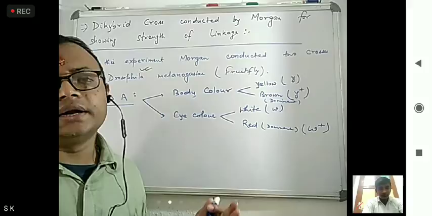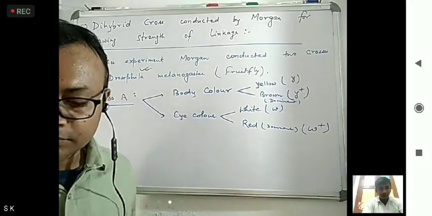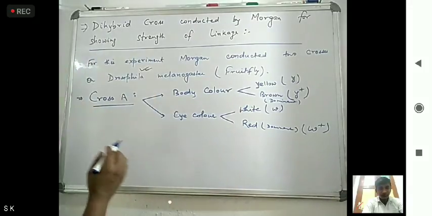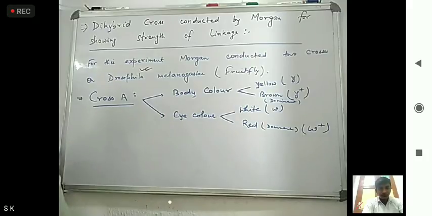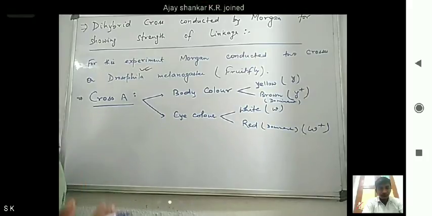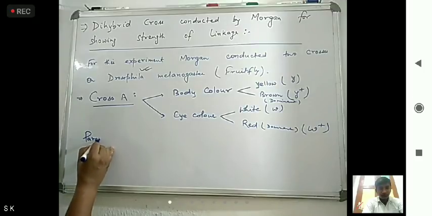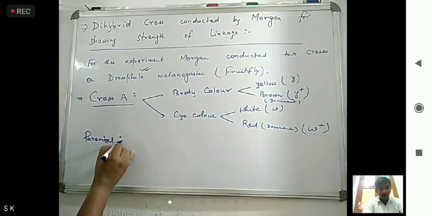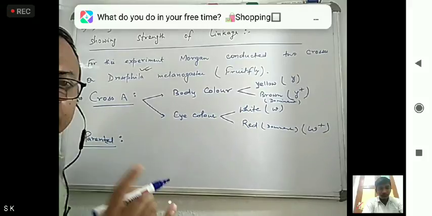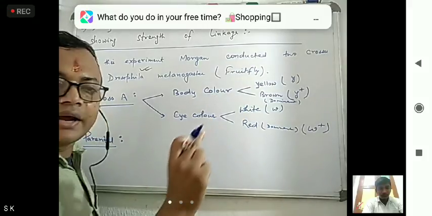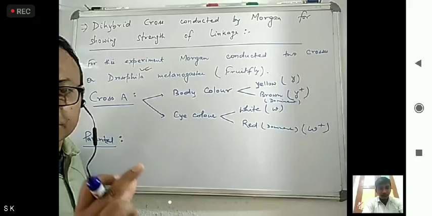he then conducted crosses. So what were the parental characters that he chose? Now we will see. In the parental characters, I already told you these genes are close to each other, linked genes.